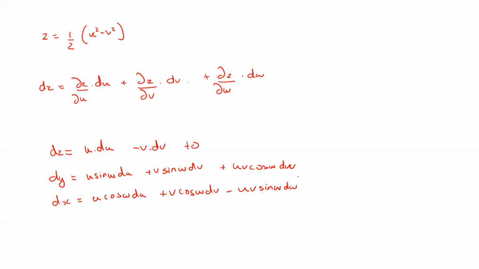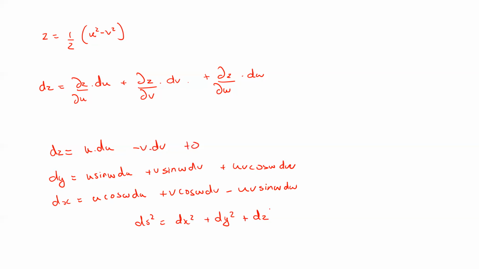So now what you have to do is, we had this quantity, the differential line element, ds square, was dx square plus dy square plus dz square.